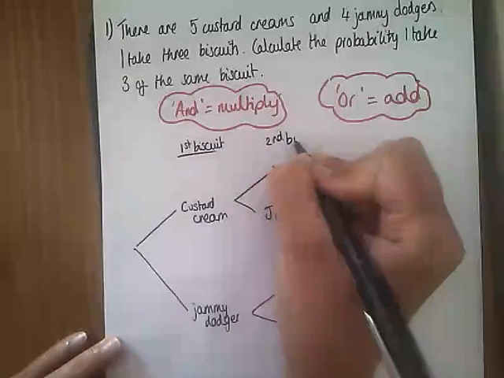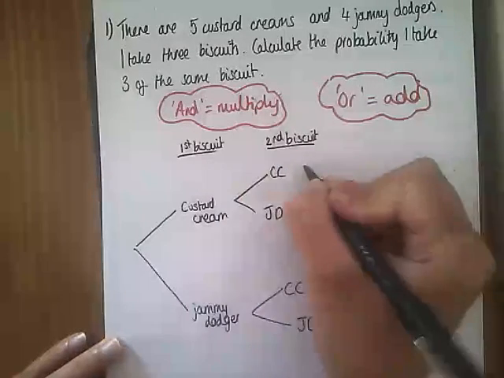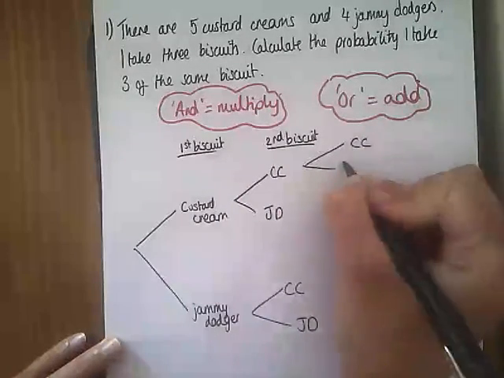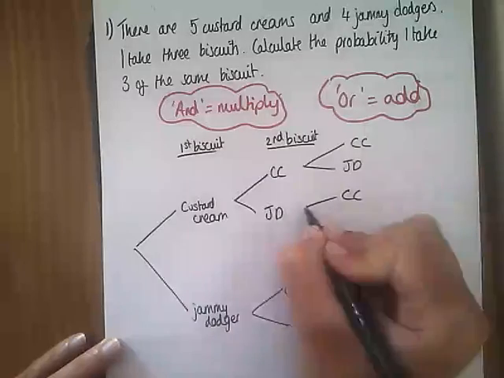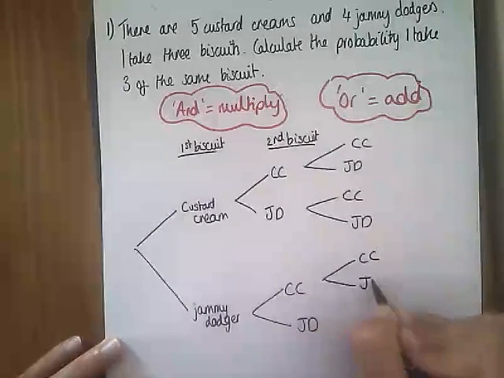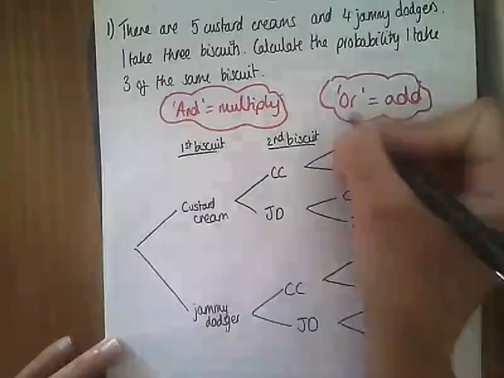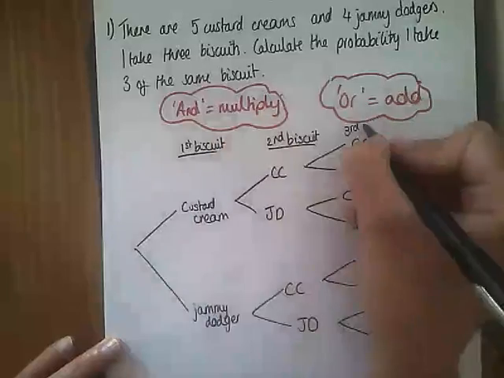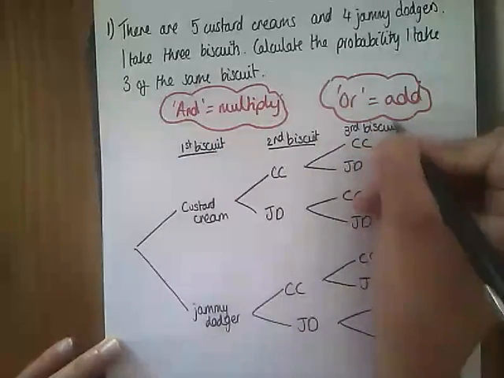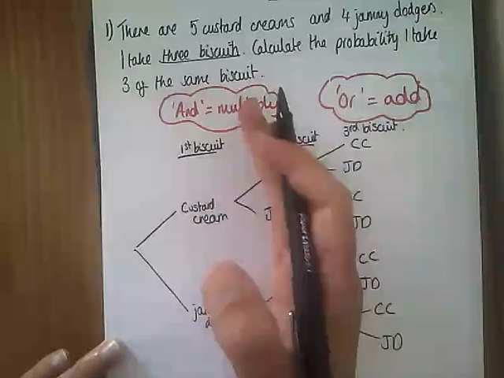And when I then take my third biscuit, I can still take either. It doesn't matter what I've taken previously. When you're reading this question, make sure you read it as taking 1 biscuit, then another biscuit, then another biscuit.